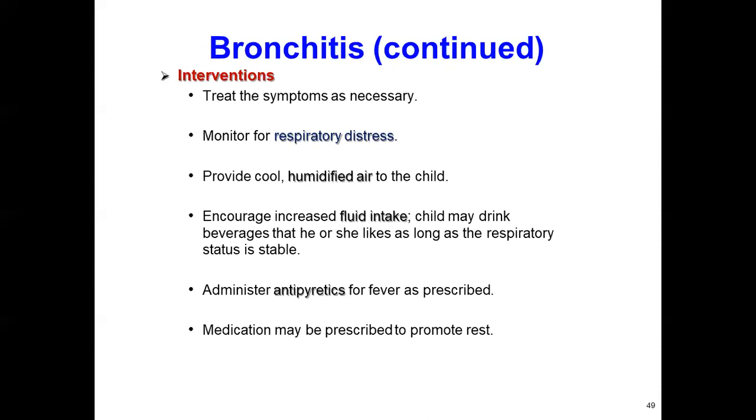This is the top priority. Provide cool and humidified oxygen. Encourage increased fluid intake. The child may drink beverages that he or she likes as long as respiratory status is stable. Give them antibiotics because of fever, or medication may be prescribed to promote rest.